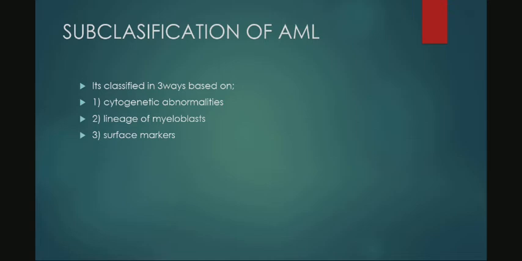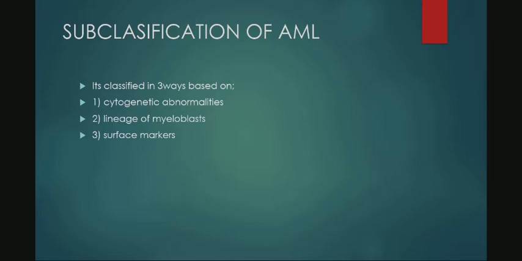Okay, now we move on to the subclassification of AML, acute myeloid leukemia. Its classification is actually based on three aspects. The first one is based on the cytogenetic abnormality involved.